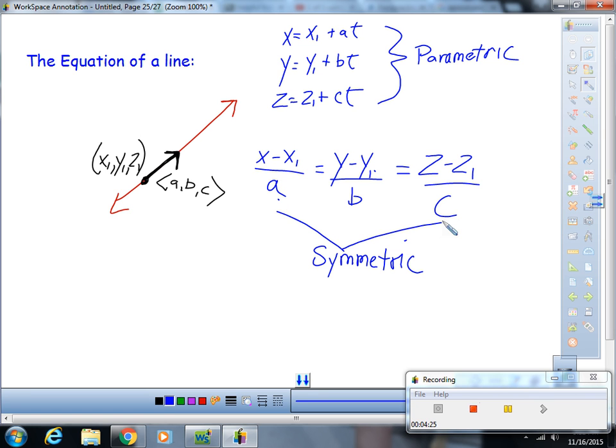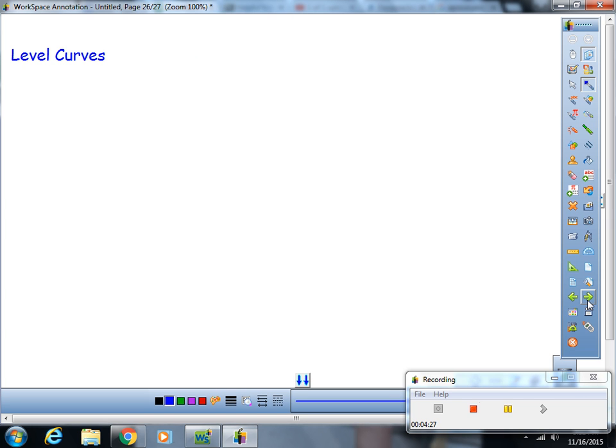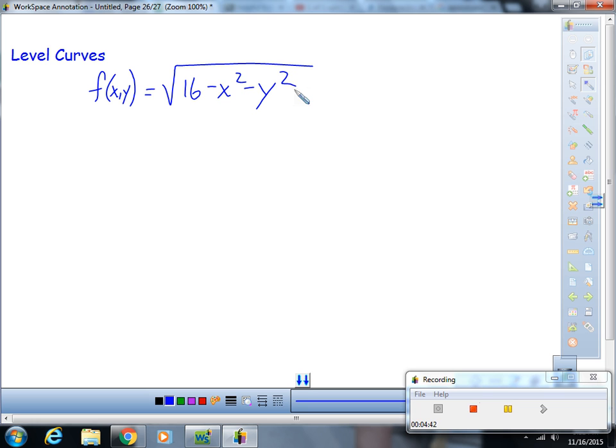Next, level curves. Well, hopefully you remember, if we had f of x comma y is equal to the square root of 16 minus x squared minus y squared, hopefully you remember that is a hemisphere. That is a function.